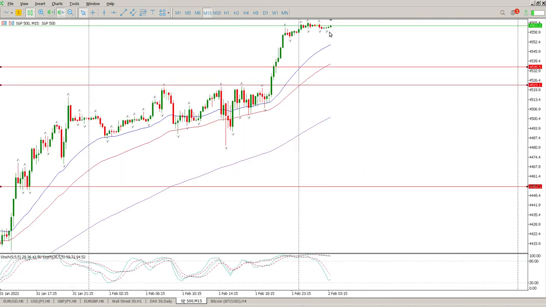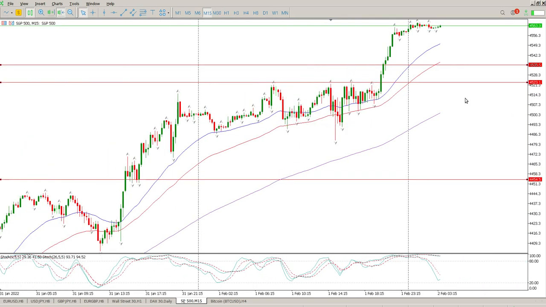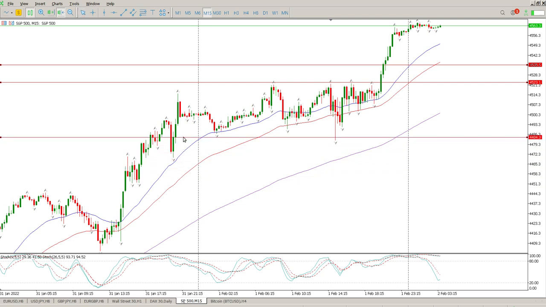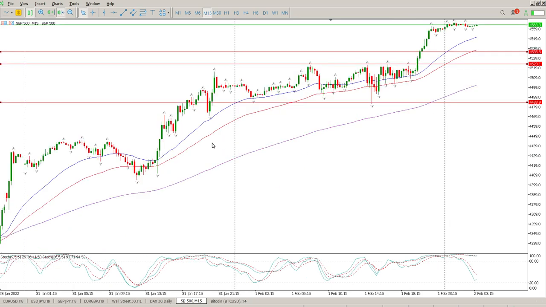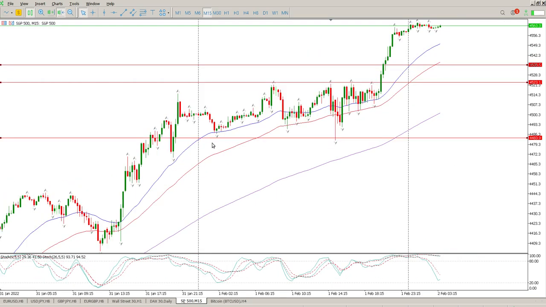Before we close off, let's have a look at this on the 15-minute. Yesterday we were looking for a pullback onto structure, and you can see where we pulled back onto. There's nothing there, absolutely nothing there.